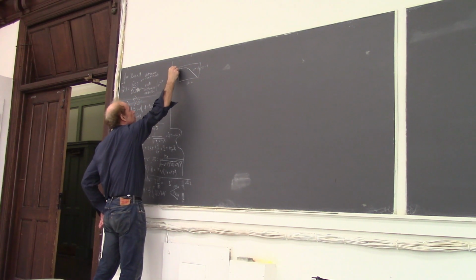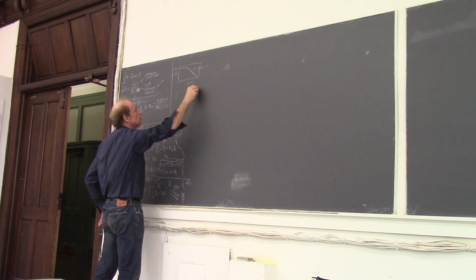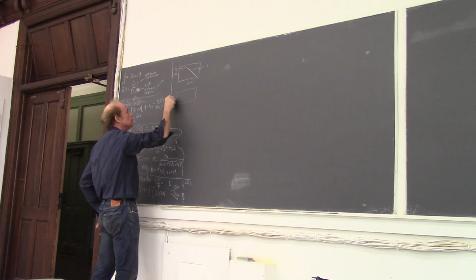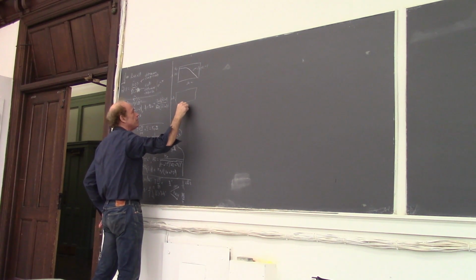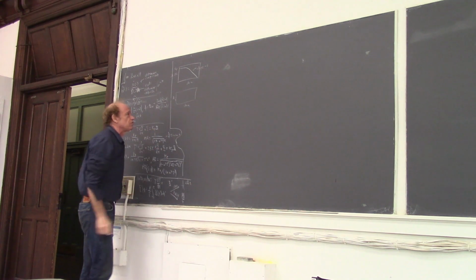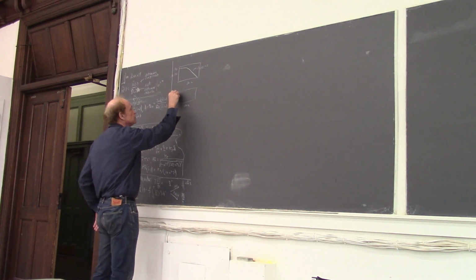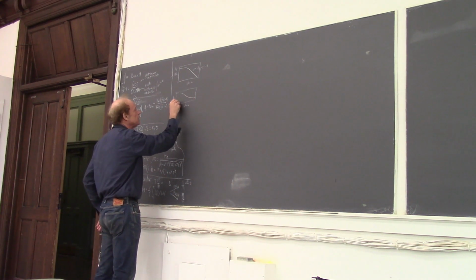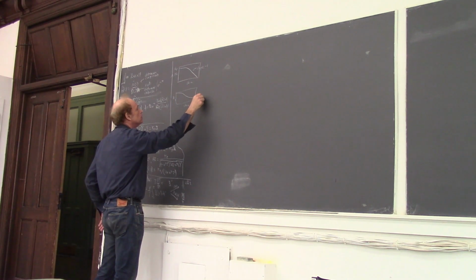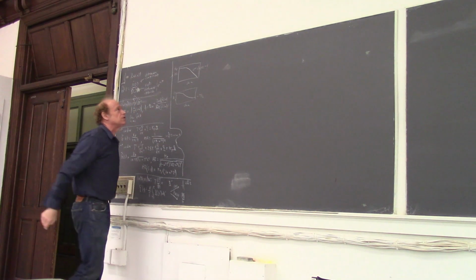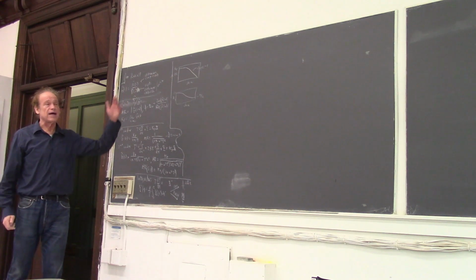And this was Kp here. And when we plotted phi against the log of omega, we saw that this looked something like this, where this was minus pi over 2, and this went to 0 eventually. So here we had those plots.